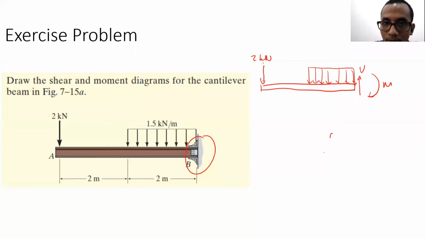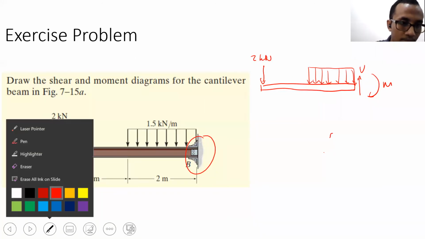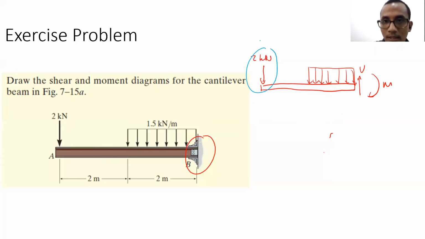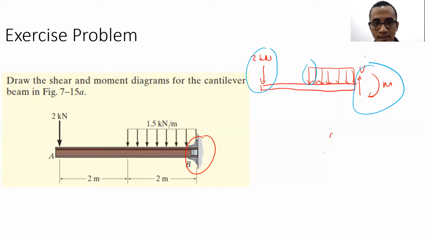So this one has a discontinuity, and the start of the distributed load here and here as well, right? So there will be 3 locations with a discontinuity.